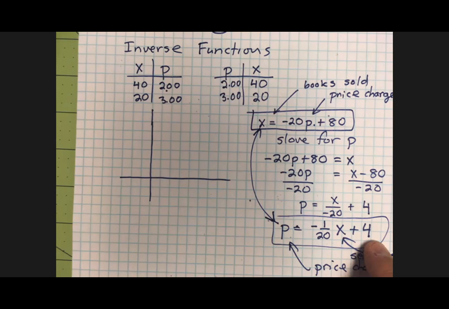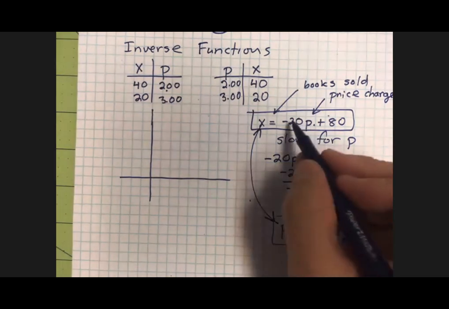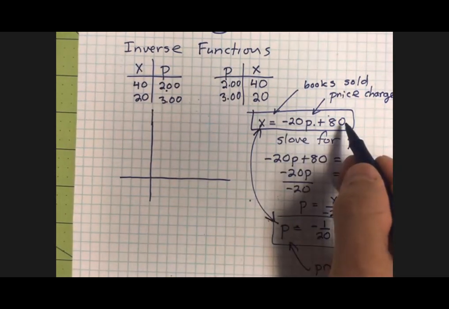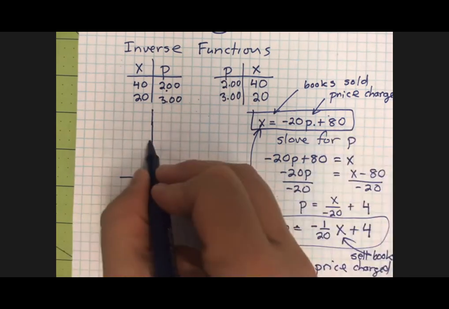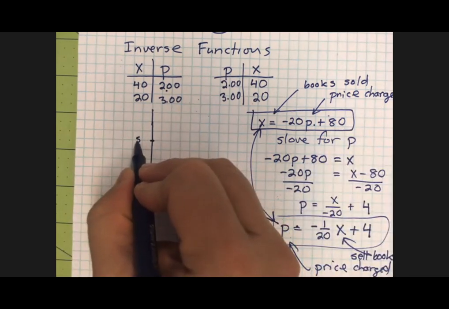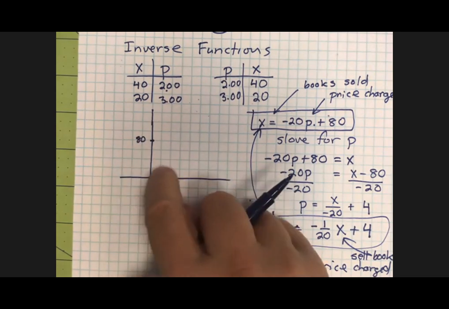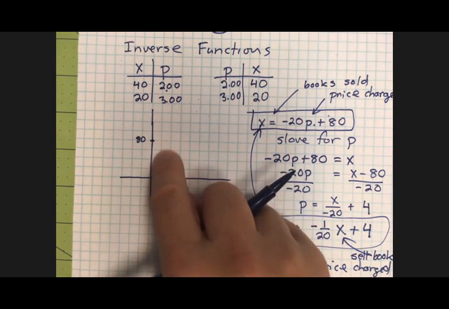The numbers are kind of large, so it's kind of hard to fit them on the same graph, especially if I'm talking 1/20th and 4, minus 20 and 80. All right, could I fit those on the same graph? Let's call 4 boxes 80.